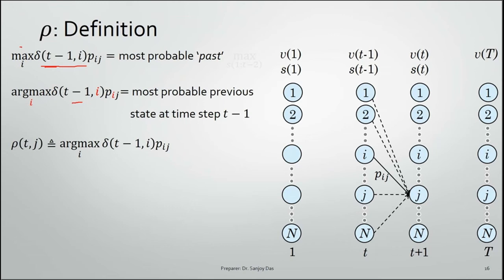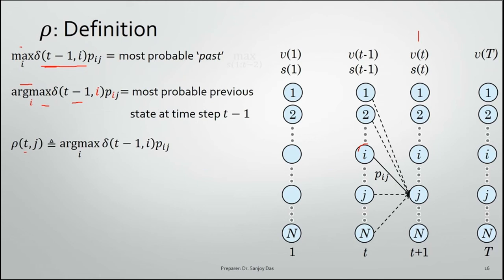And here, if you extract the argmax and record it, you're recording the most likely previous state that the HMM was in before the current time step t. So what was the most likely state at time t minus 1? That's what's entailed in this argmax here, and let's call this a new variable rho t j.